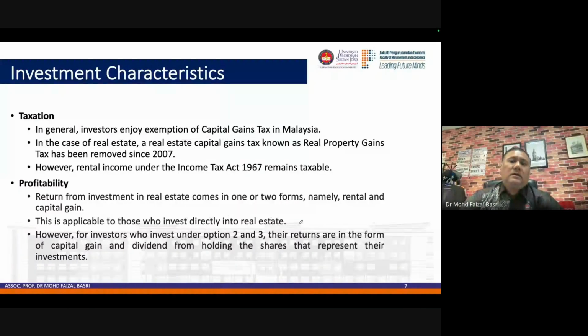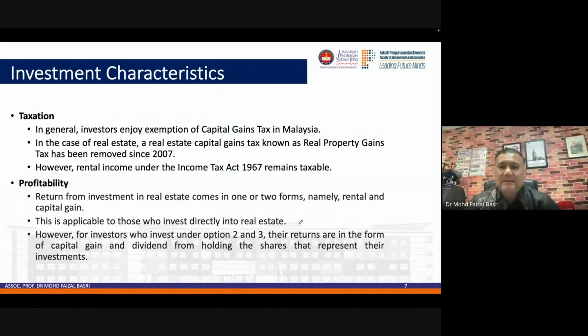And then you have to bear in mind in terms of taxation. So if you intend to rent out your property, okay, the income generated from rental, it is taxable.